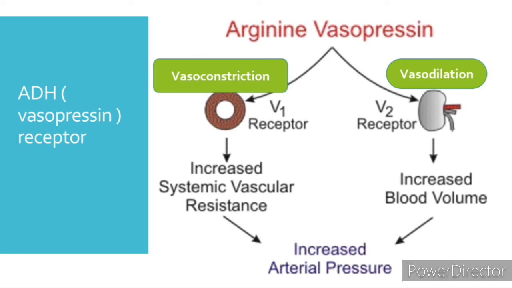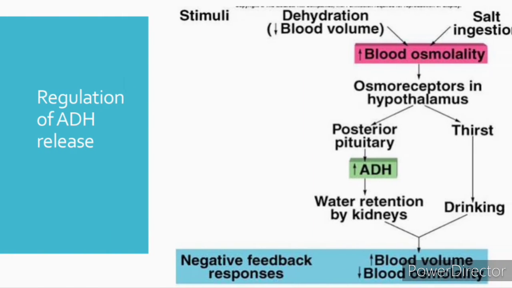While the V2 receptor works on the kidney and it increases the water permeability. Okay, and as it increases water reabsorption, it increases the blood volume, right? And in turn arterial pressure will increase.